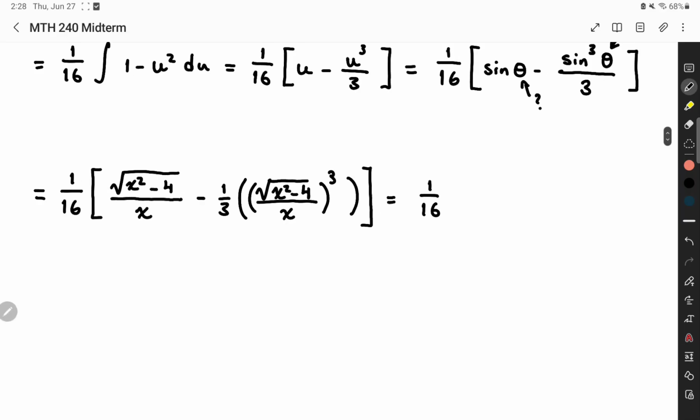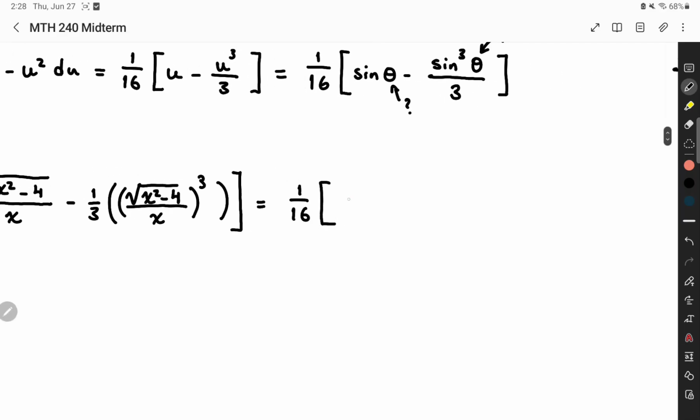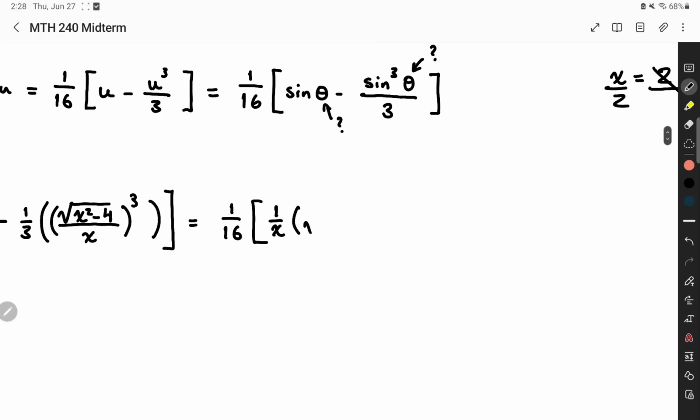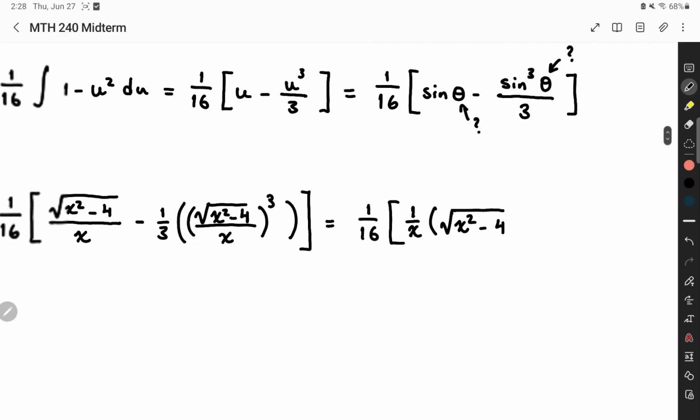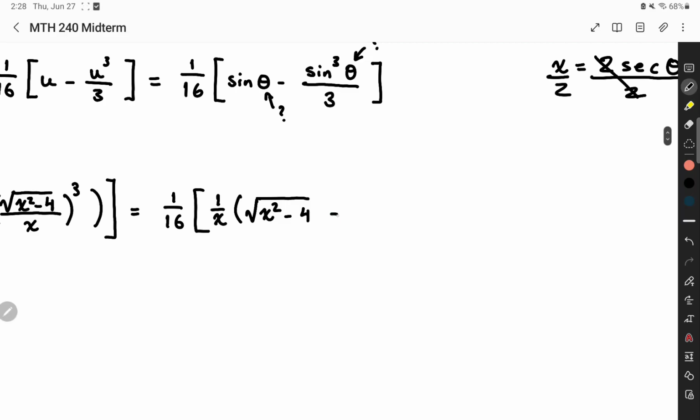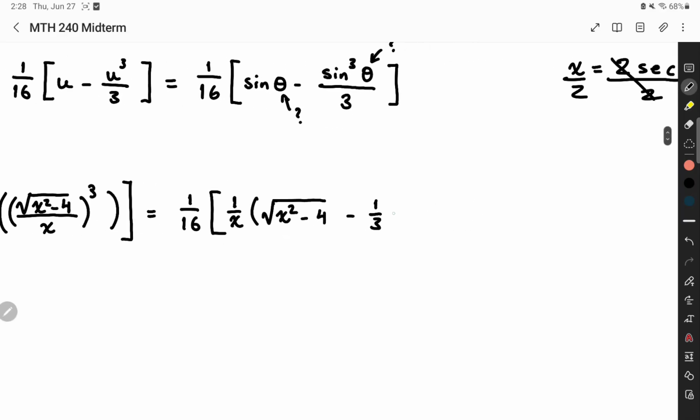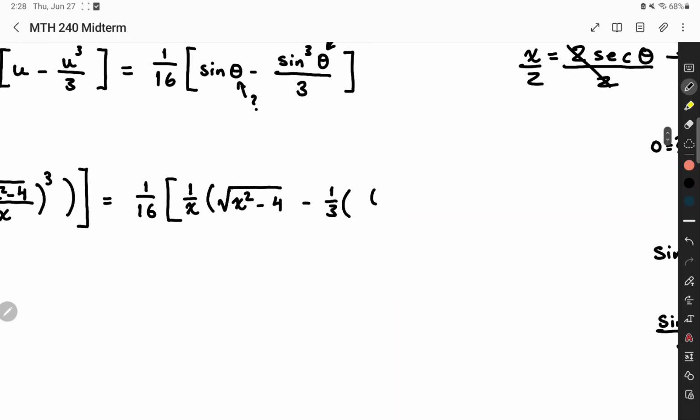We can factor out a 1 over x, and that would leave us with the square root of x squared minus 4, minus 1 over 3 times x squared.